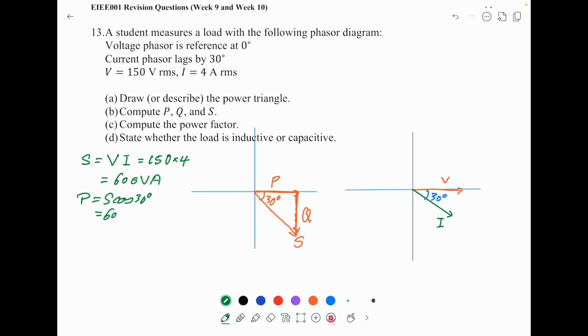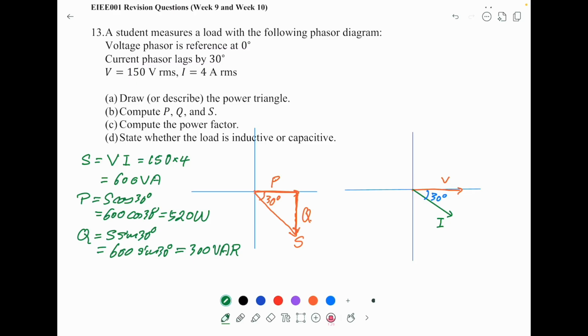So it's 600 cosine 30 degrees, and it is equal to 520. The unit is W, watt. Reactive power is equal to S sine 30 degrees, so it's 600 sine 30 degrees, and equal to 300 VA reactive, VAR.